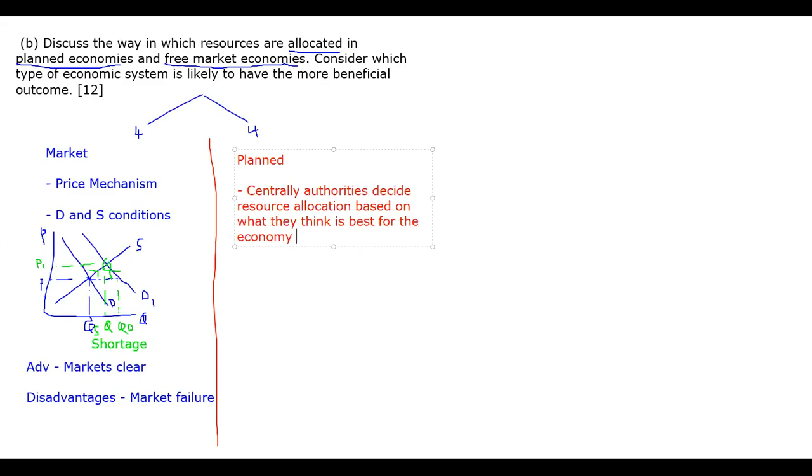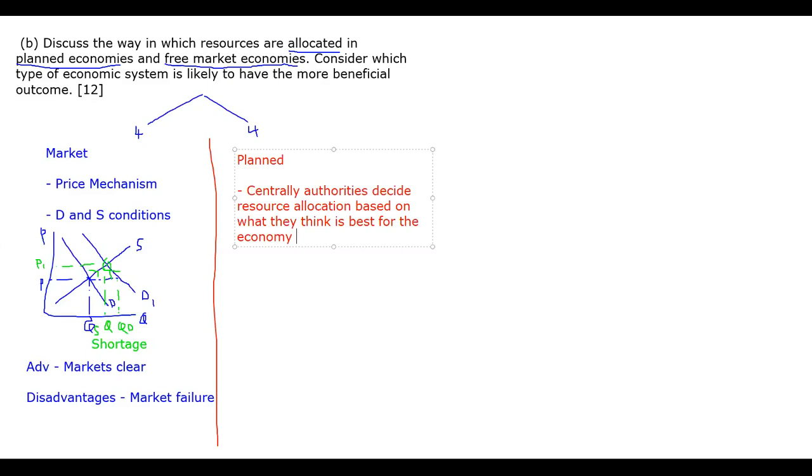So in the free market system, it's more of consumer sovereignty, what people want. In planned, it's more of what the central authorities think people need, and also they look at large-scale macroeconomic systems and what's best for that.